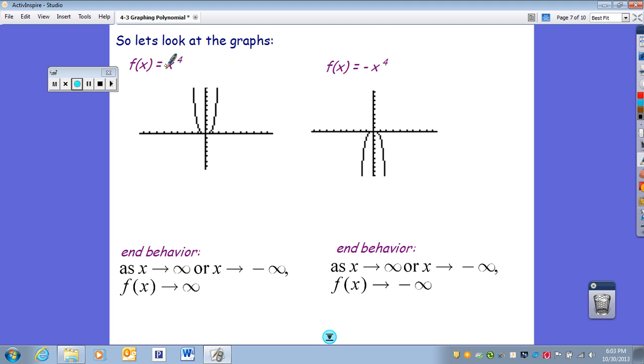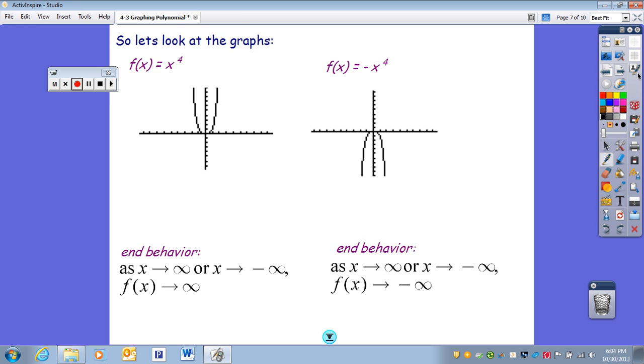With our leading coefficient being a positive 1, we know that for both of our end behaviors for x, whether going to positive or -infinity, the result for my f of x or y will be going to positive infinity. It behaves like an x squared function, or parabola. Then with our -x to the 4th, it's just going to flip over our x-axis, and as x approaches both positive and negative infinity, our y value or f of x will approach -infinity.